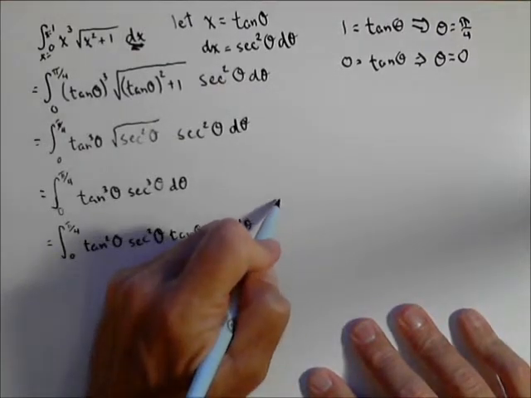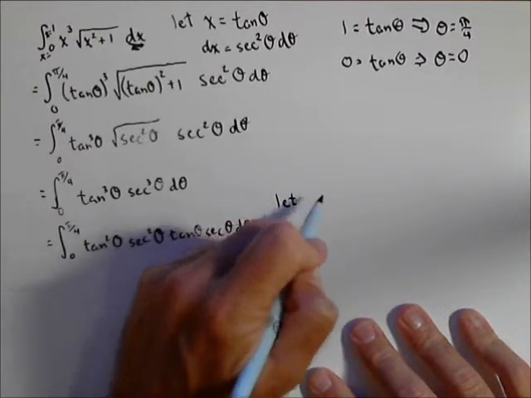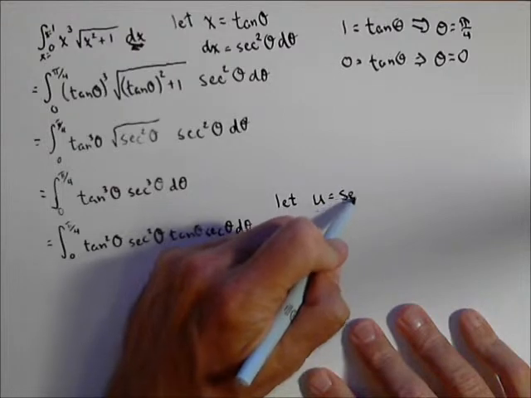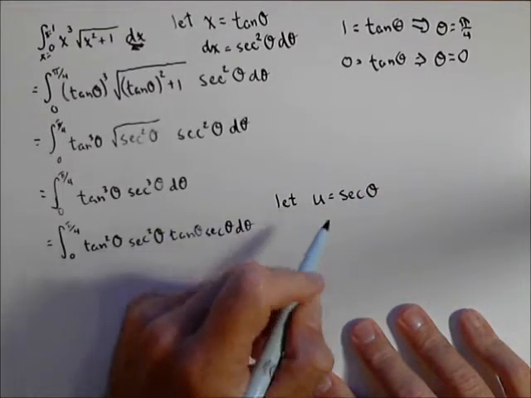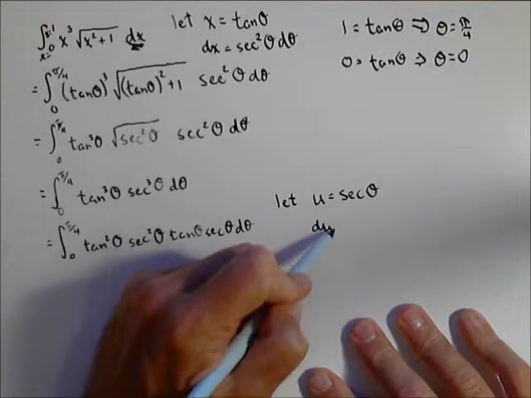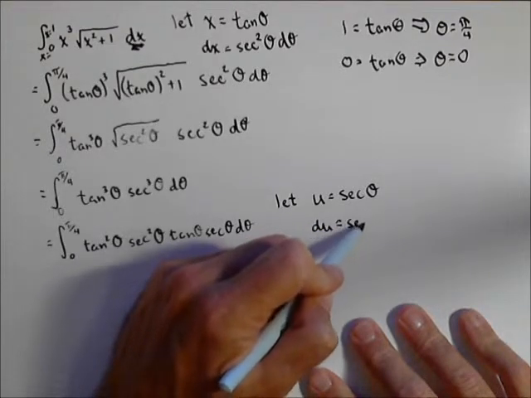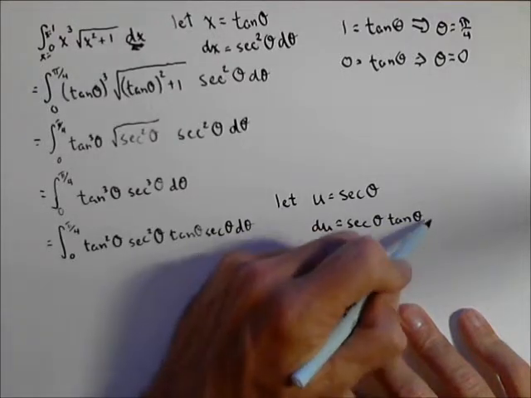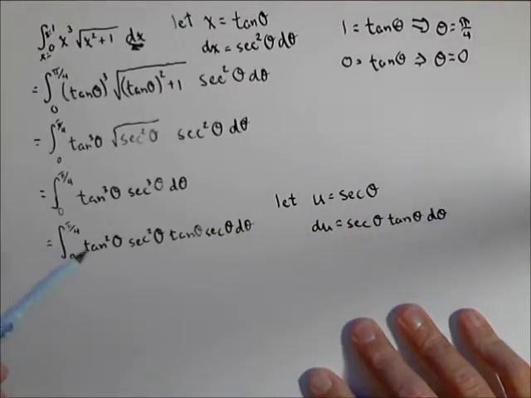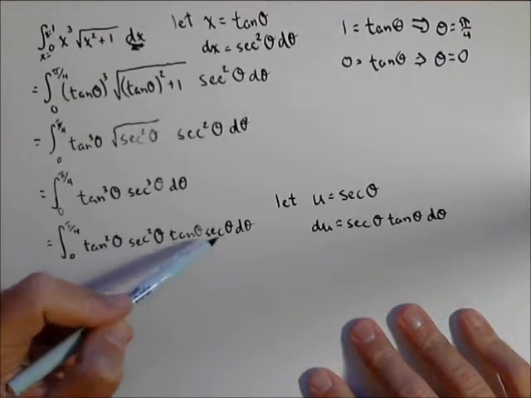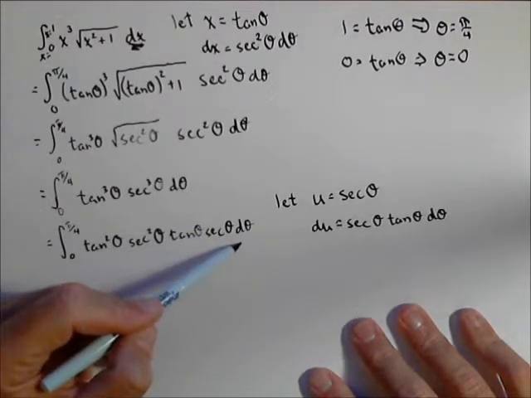The reason I did that is because I'm now going to do a u sub. I'm going to let u equal secant theta. And thus my du is secant theta, tangent theta, d theta. So I'm going to be able to sub for the secant squared and the tangent theta, secant theta.